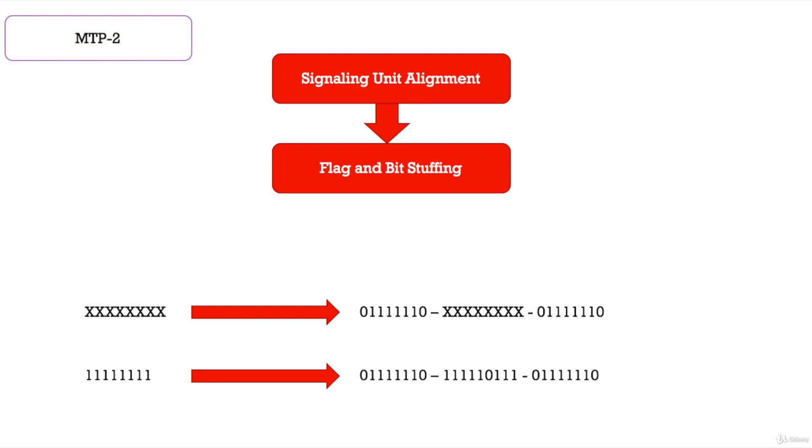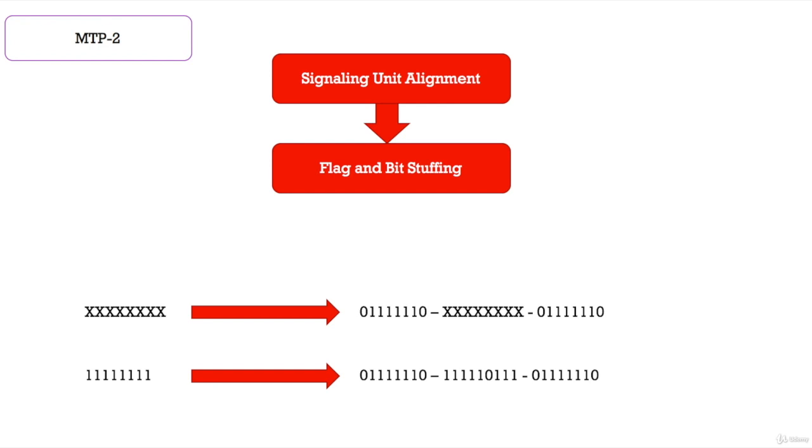The MTP2 layer is mainly concerned with transmission of signaling units from one endpoint to another. It's basically concerned with reliable transmission of signaling units.